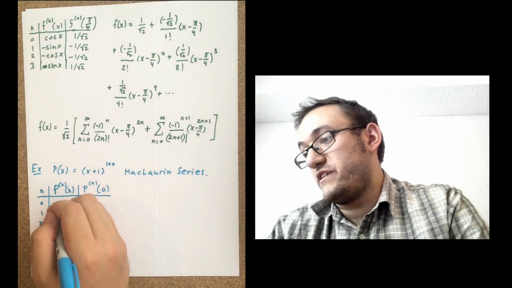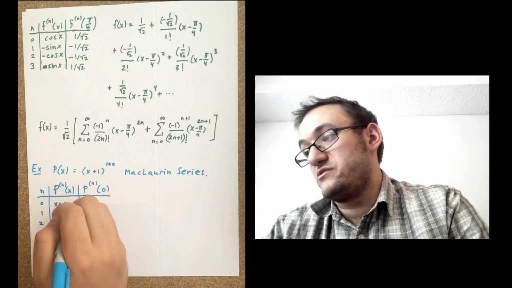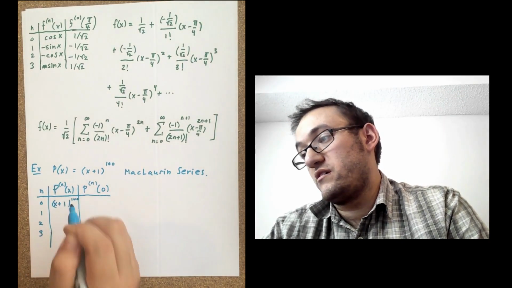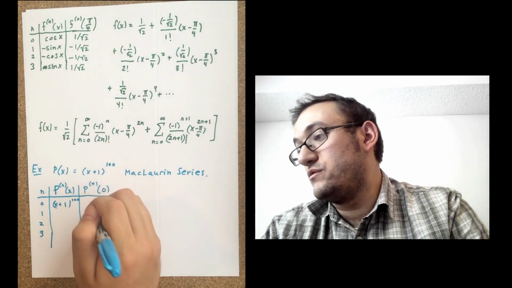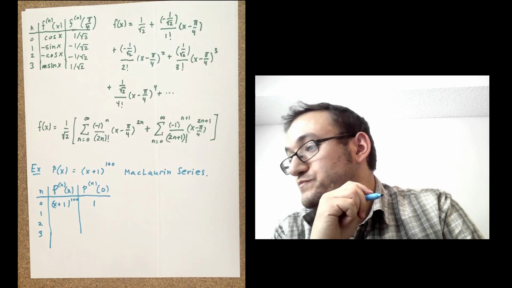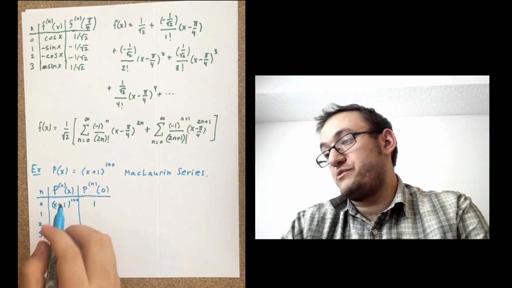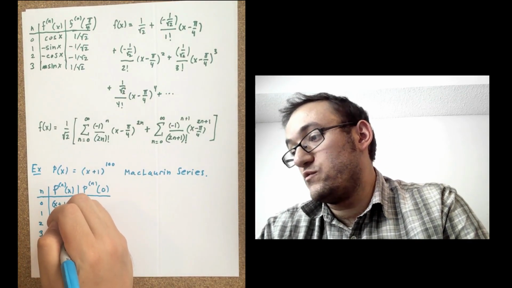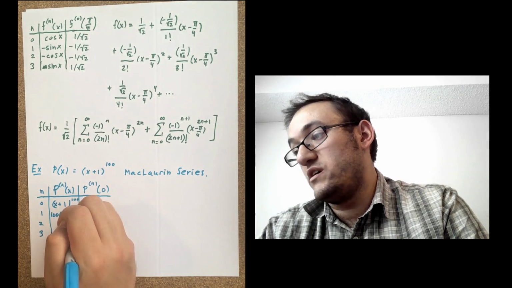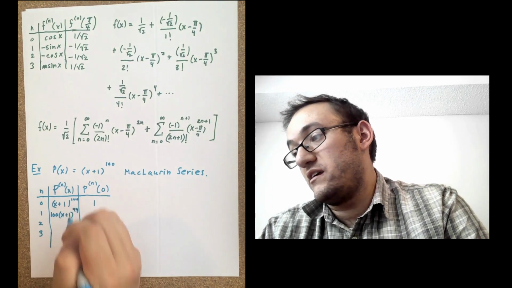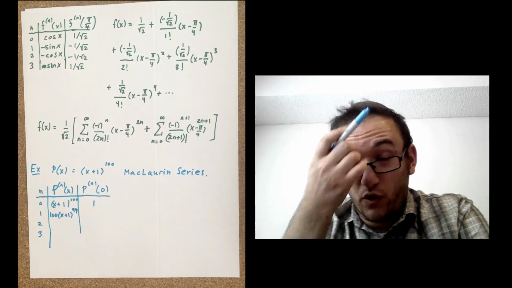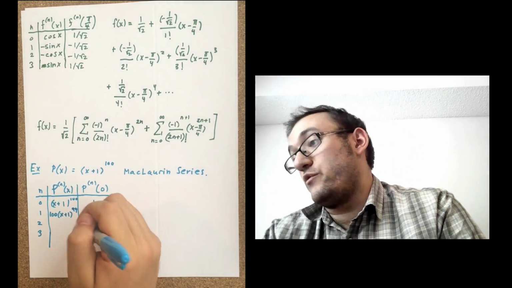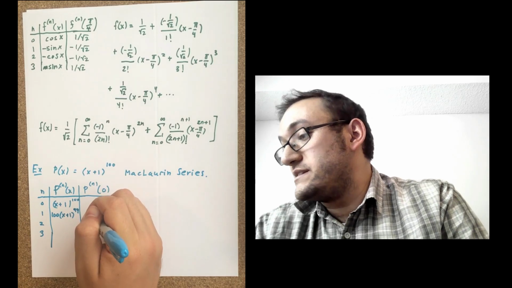So the value of the function at x is just x plus 1 to the 100th, and that's equal to 1 at x equals 0. The first derivative is 100 times x plus 1 to the 99. Right, just by chain rule, the derivative of the inside is 1, so you can just use the power rule. So this is 100.